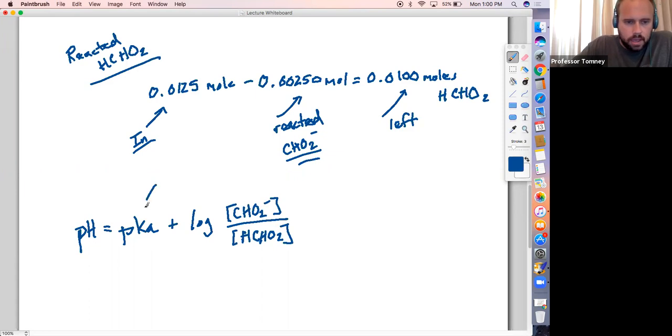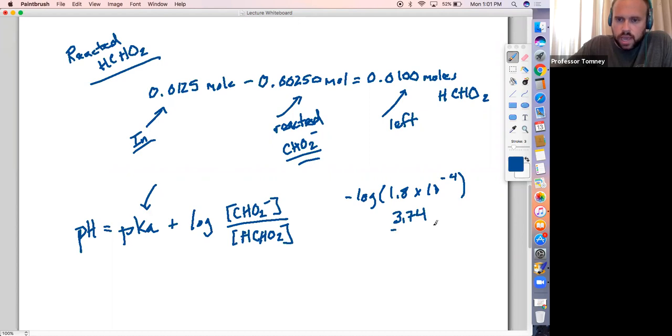The pKa is going to come from the Ka, which we already grabbed in a previous part. So the Ka was found to be 1.8 times 10 to the negative fourth. So all I have to do is say the negative log of 1.8 times 10 to the negative fourth. And that gives back 3.74.